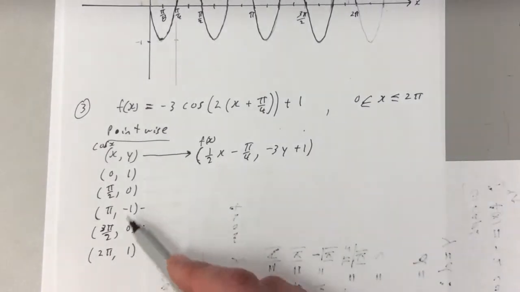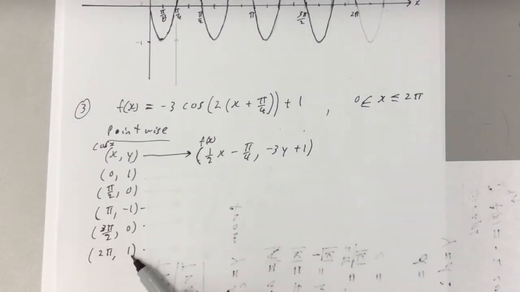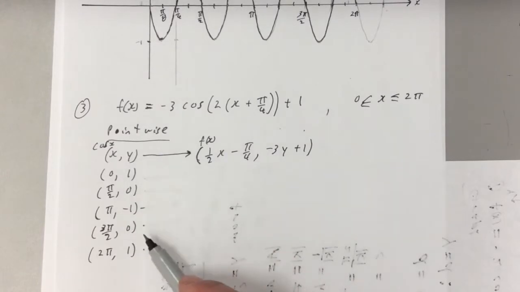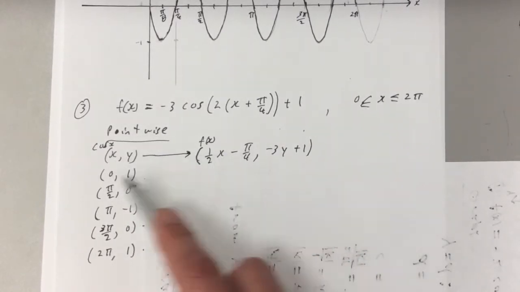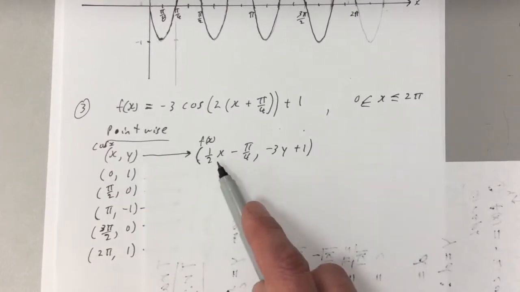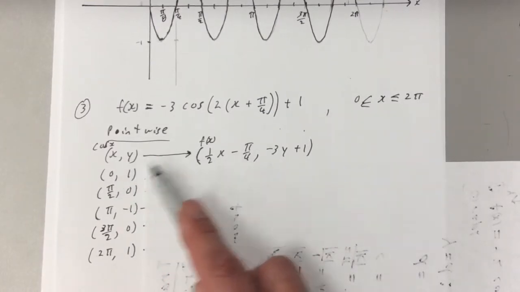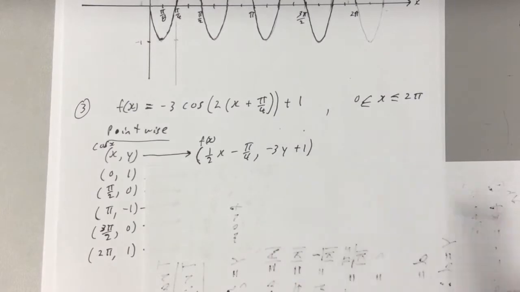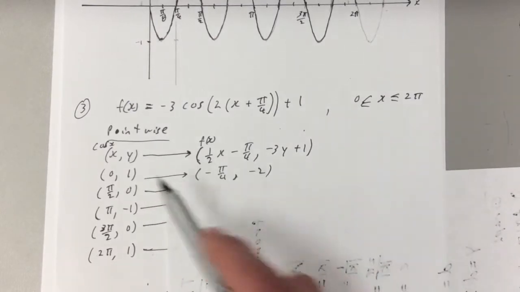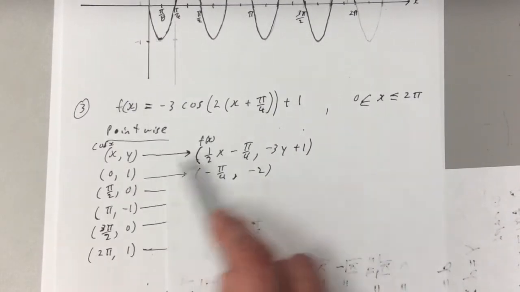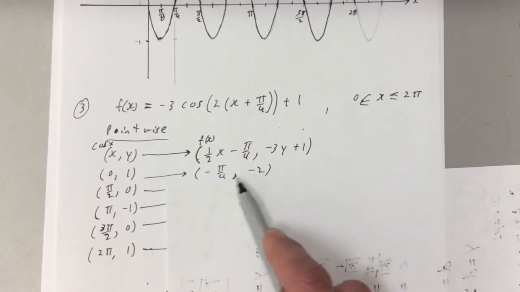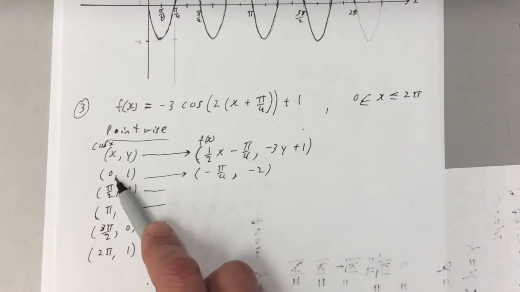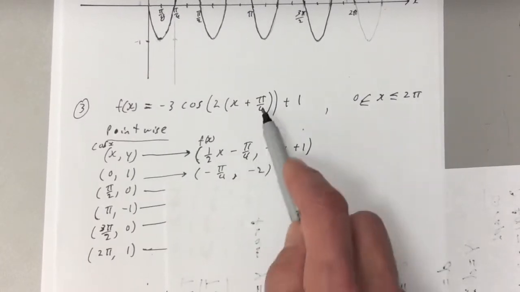So just by looking at the graph, you look at these key points, every quarter period. You apply this formula to it. So 1/2 times 0, that's 0, minus pi over 4 gives you negative pi over 4. And then -3 times 1 is -3, plus 1 is -2. So there's one point. That point became this point with these transformations.